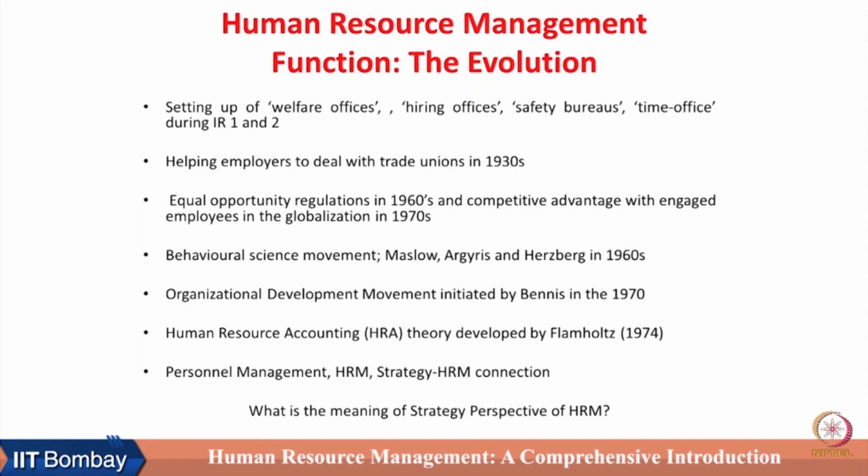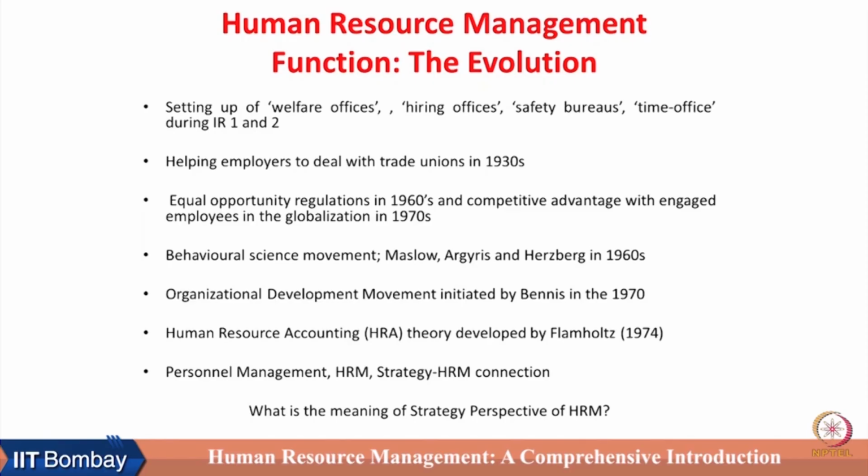They were set up at the time of Industrial Revolution 1 and Industrial Revolution 2. These offices were mainly related to ensuring the safety measures or some of the important facilities important for the workers or employees in any organization.